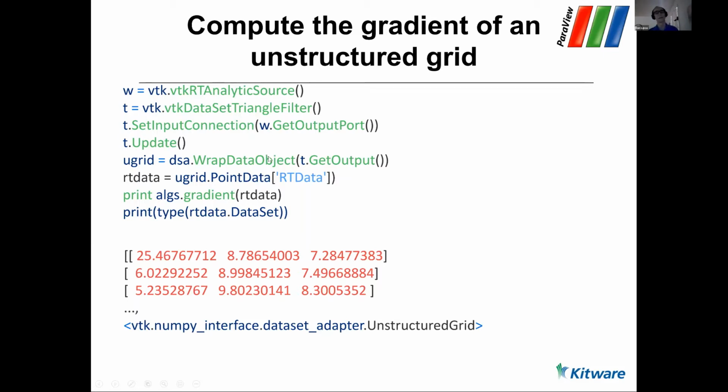And then we create this wrapped object for the unstructured grid. Remember, we converted that to an unstructured grid, and you can call gradient. This function uses the unstructured grid to compute the gradient. So it uses the connections between points to compute the gradient.